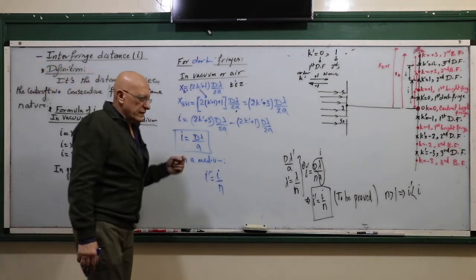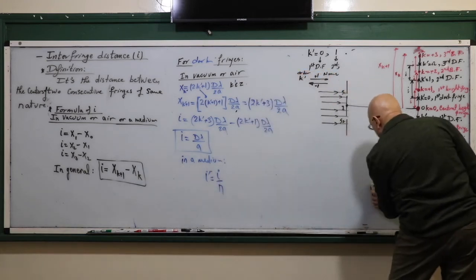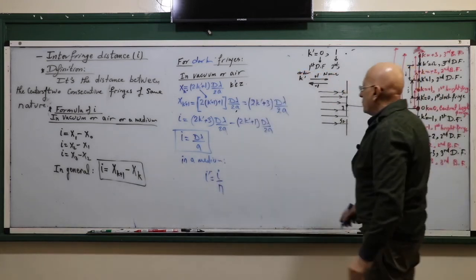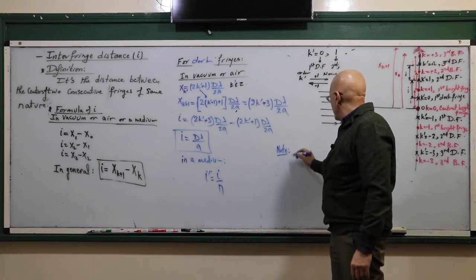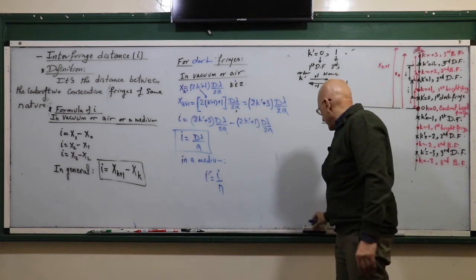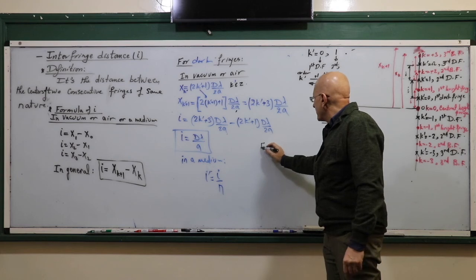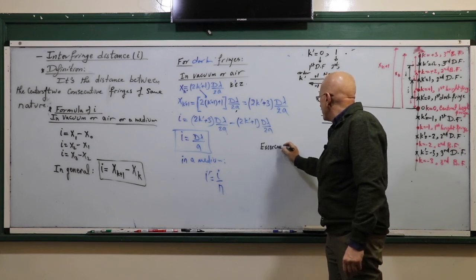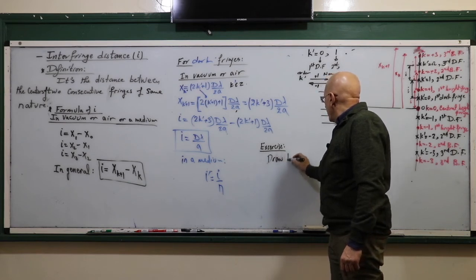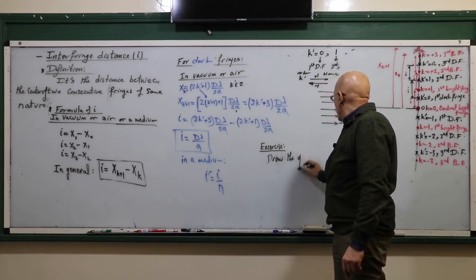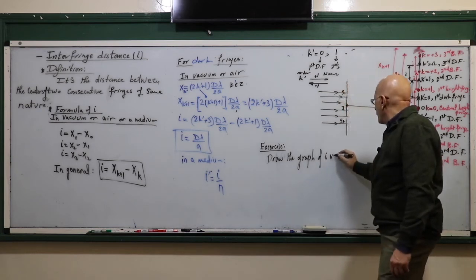But I would like to give a small exercise about the variation of I with lambda. Note here, small exercise. A. Draw the graph of I versus lambda.